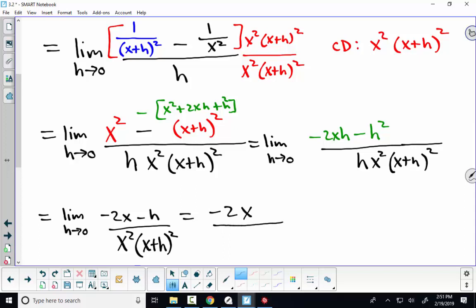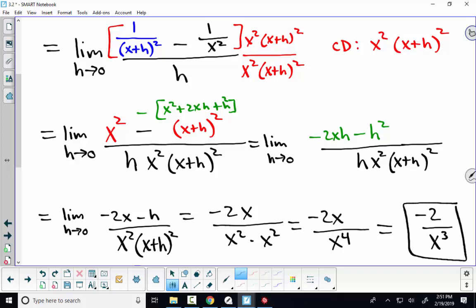The bottom, we've got x squared, and here's x plus 0 squared, so that's x squared times x squared, negative 2x over x to the 4th, and we can simplify that, so we should simplify that, negative 2 over x cubed. Yeah, sorry. Negative 2 over x cubed.